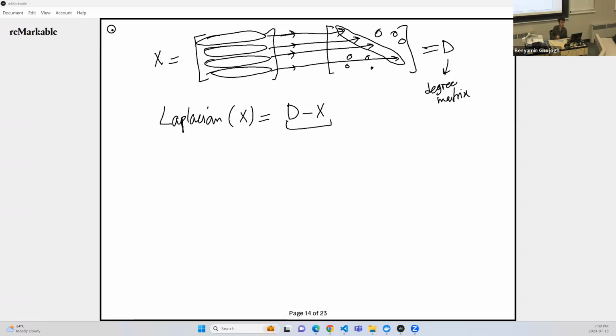D minus X is called Laplacian matrix of X. Why? Because you can see X as a graph. You can see every matrix as a graph. Okay? And Laplacian of this graph is D minus X. This X can be represented as an adjacency matrix of a graph. So this is Laplacian, and it is related to linear algebra as well as graph theory.